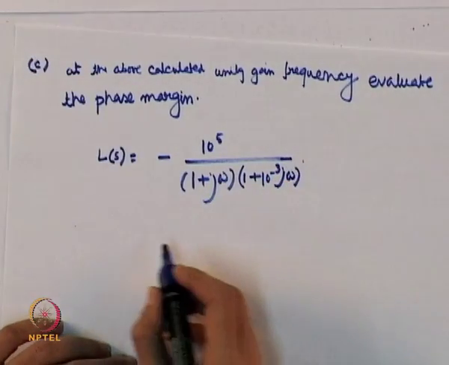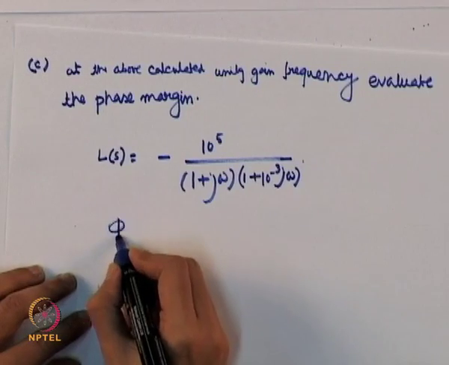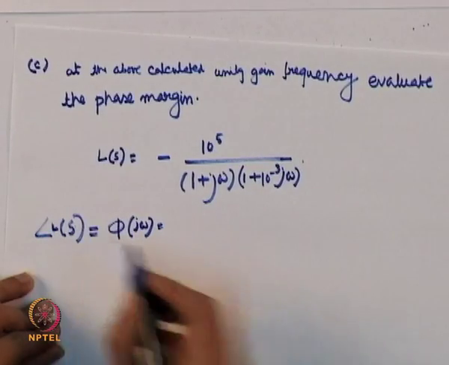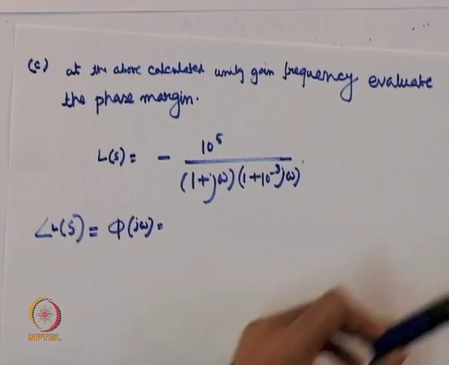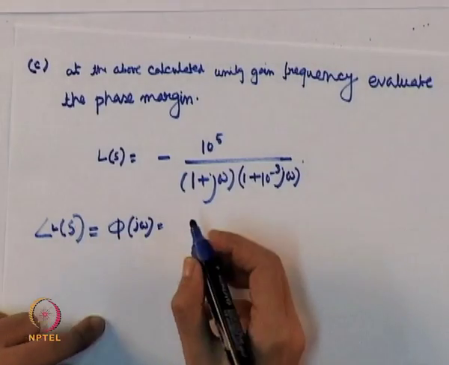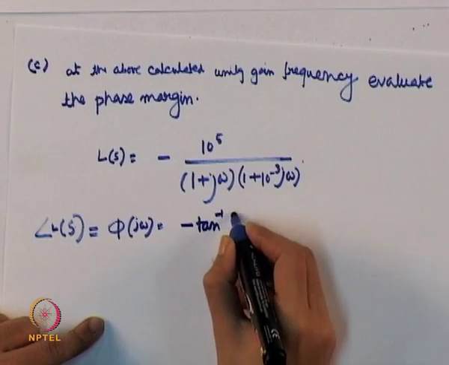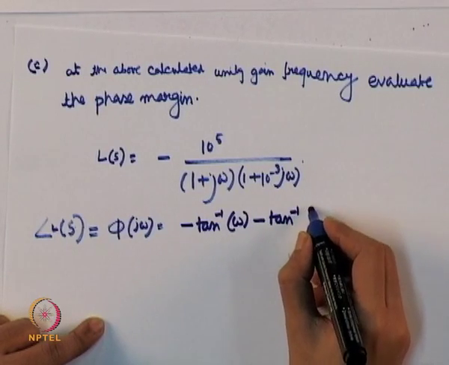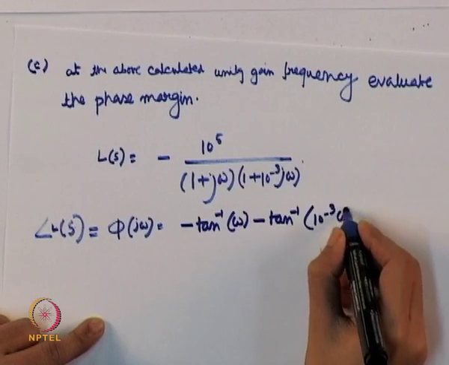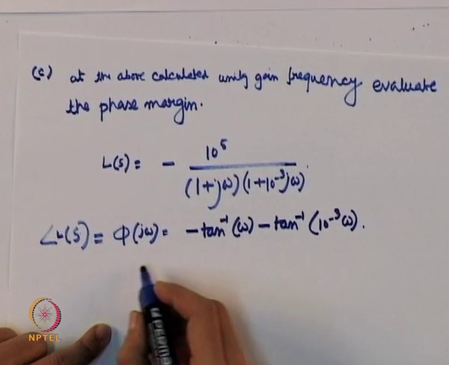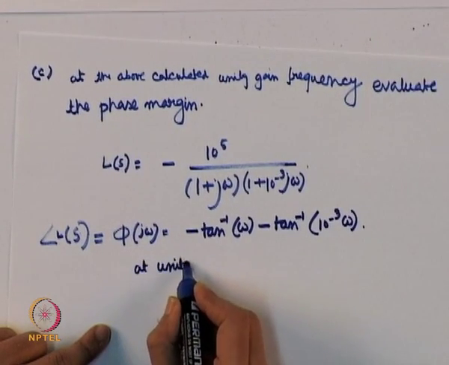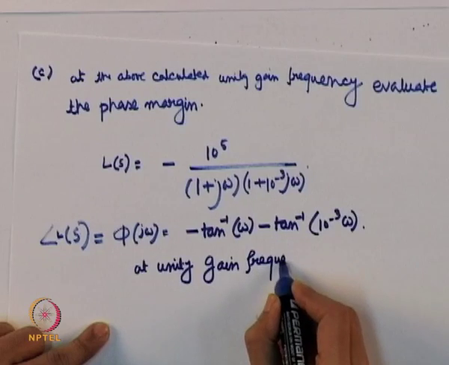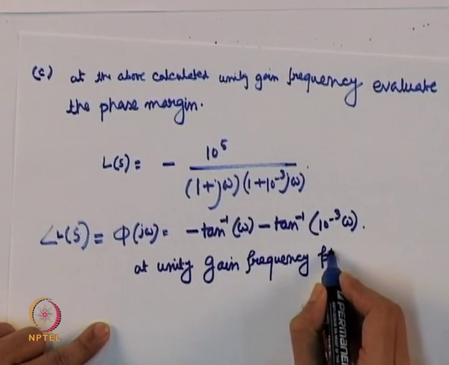Now, how will we calculate the phase margin? At first we have to determine the phi of j omega. So, the angle of Ls is minus tan inverse of omega minus tan inverse of 10 to the power minus 3 omega at the unity gain frequency point.